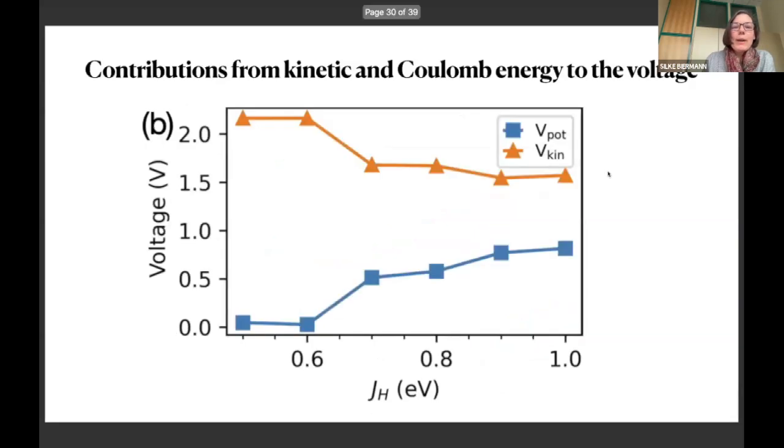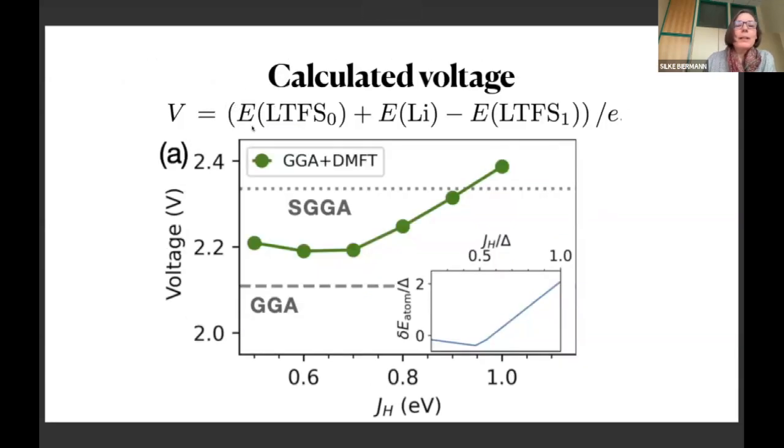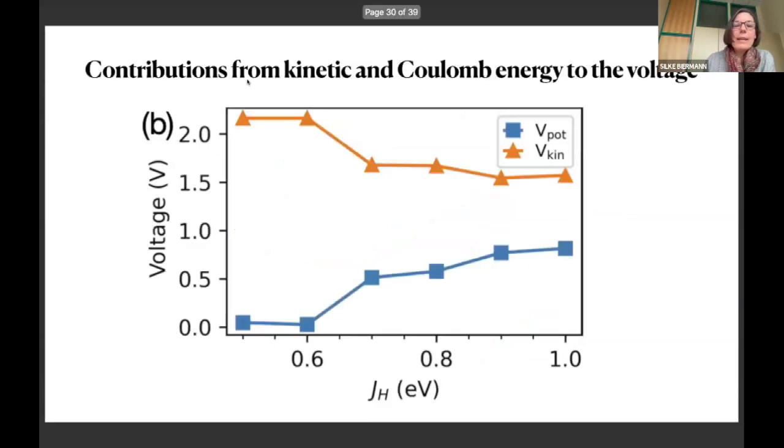Okay, so last remark. Now we have discussed where the J dependence of the voltage comes from. Since we are dealing just with total energies here, we can of course look at whether this comes from the kinetic energy part or from the Coulomb energy contribution to the total energy. The contributions of the two parts to the voltage are drawn here separately: in orange, the kinetic energy contribution to the voltage, and in blue, the potential one.